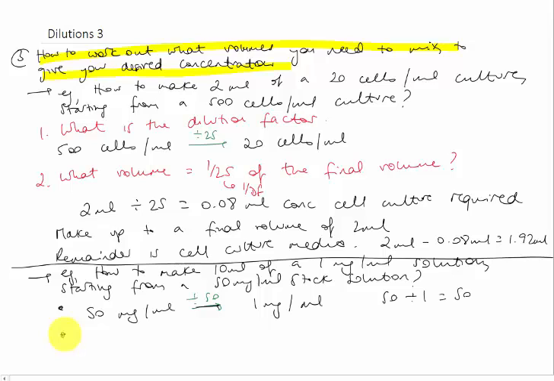So we'd say 10 milliliters divided by 50, because 1/50th of that 10 milliliters will be the concentrated stock solution, so that's 0.2 milliliters of stock solution required.